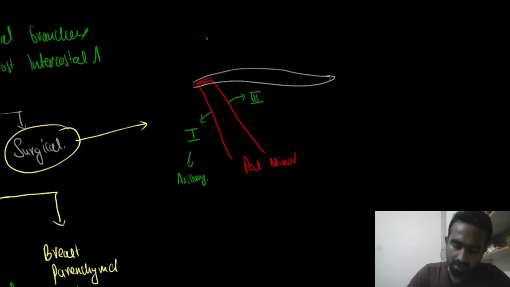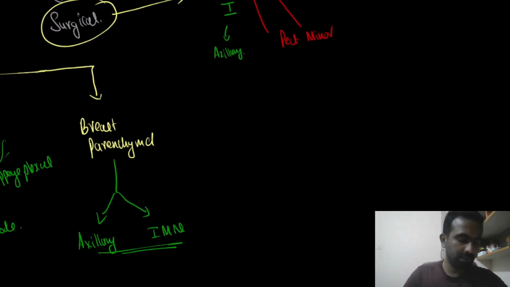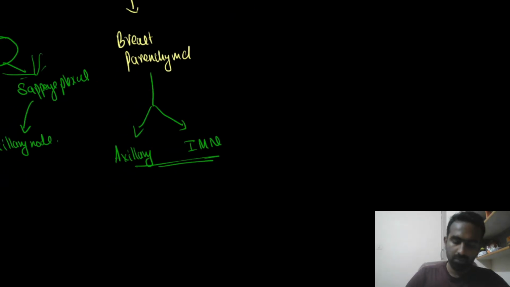These levels are also called Berg's surgical levels of lymph nodes. Anything which is behind the pectoralis minor is level 2 lymph nodes. This is the surgical classification. Now we also discussed the presentation of breast disease.